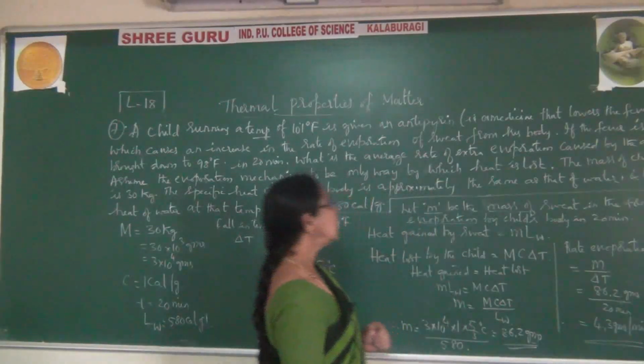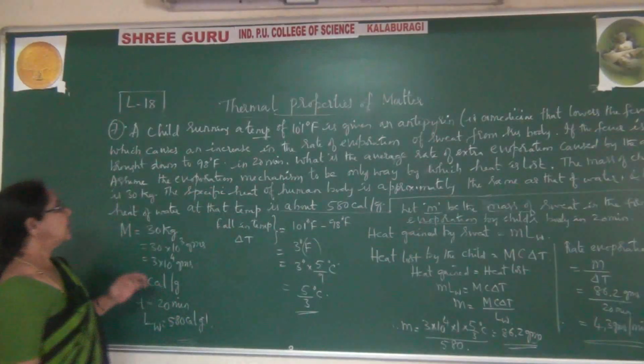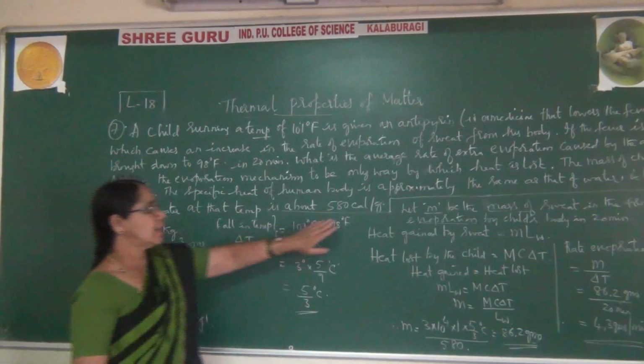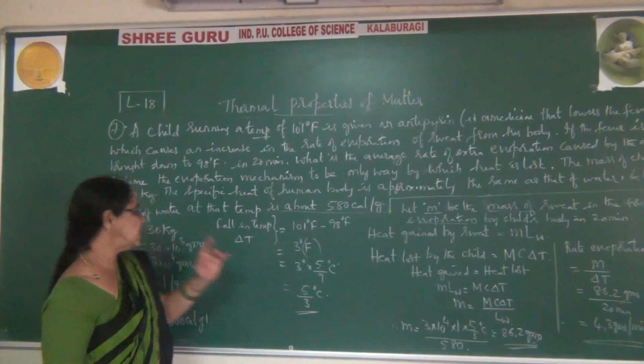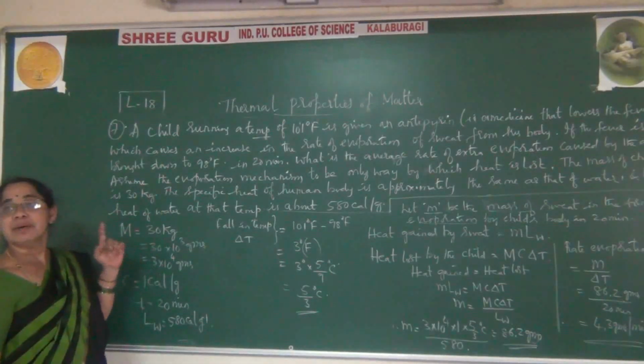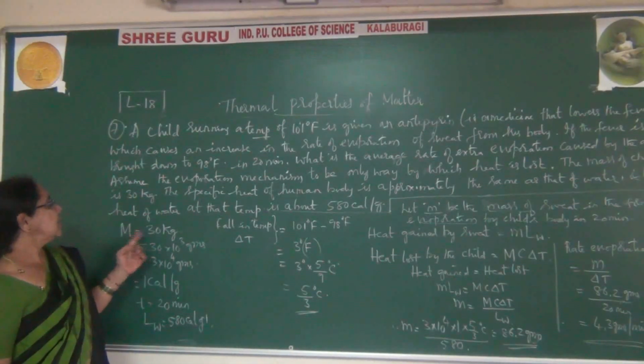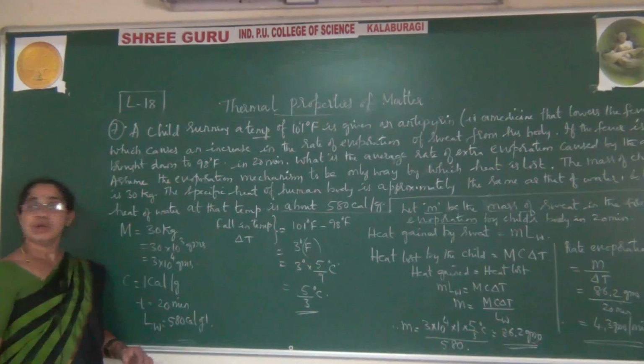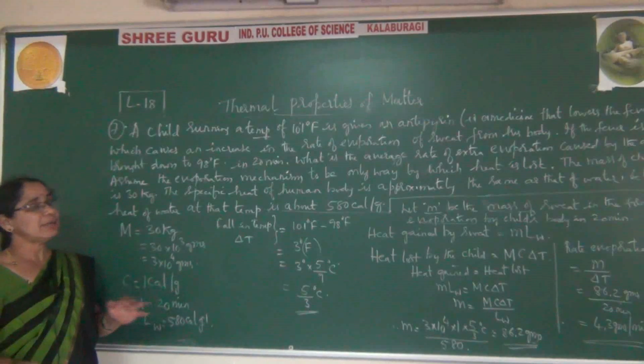Before solving this, just remember the given data, which you write in terms of calories per gram. So I am converting the 30 kg child's mass into grams. One more thing, they have given the time as 20 minutes.